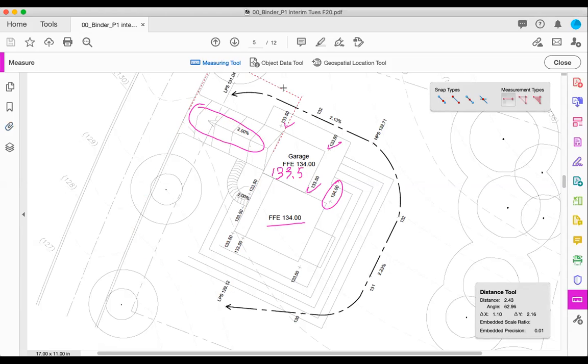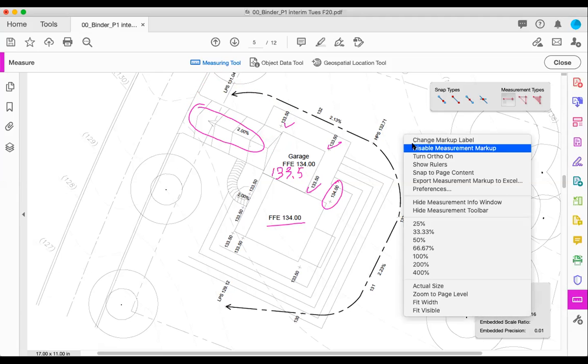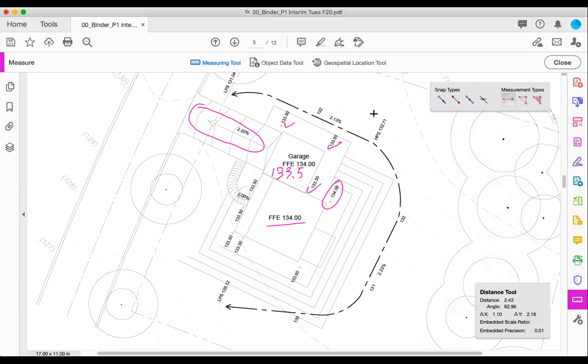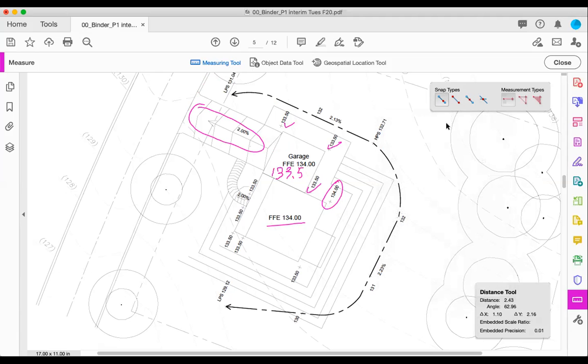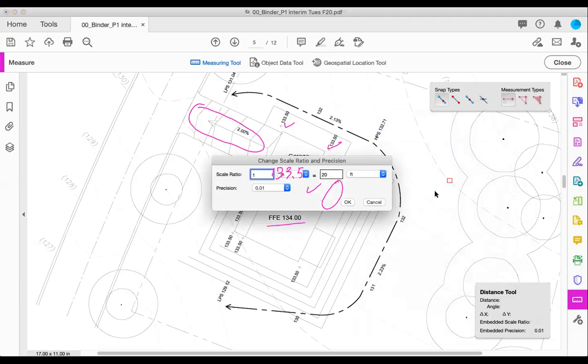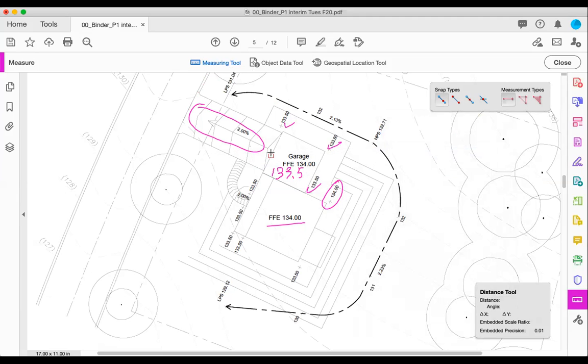Yeah, scale not set up correctly. So if I measure and I change, there's no way for me to set the scale. Here. The scale is set correctly, and I measured 2 feet. Strange.